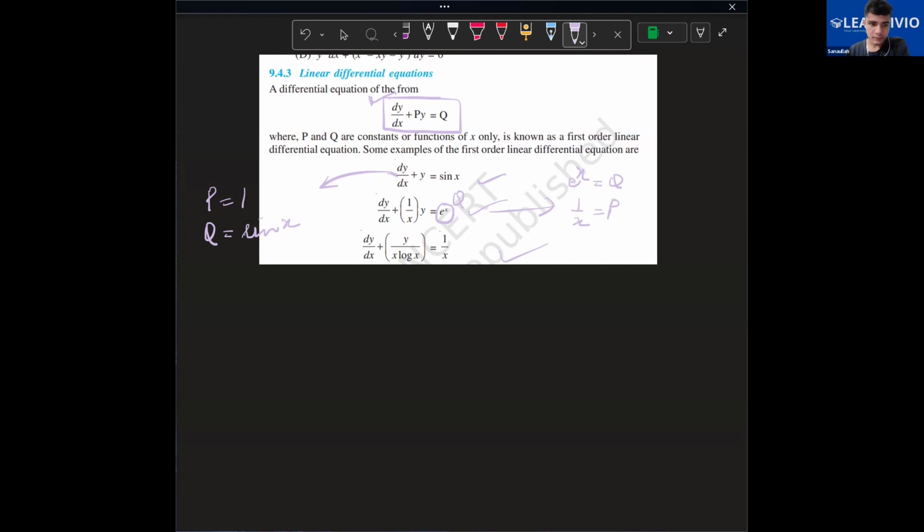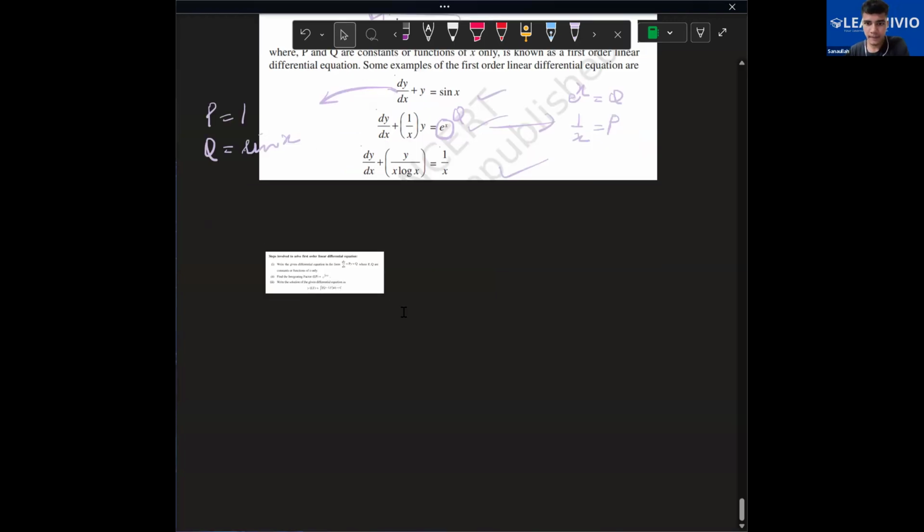Okay, so now I am going to solve a question so that you will understand a little better. And these are the steps that you are going to follow in the linear differential equation.